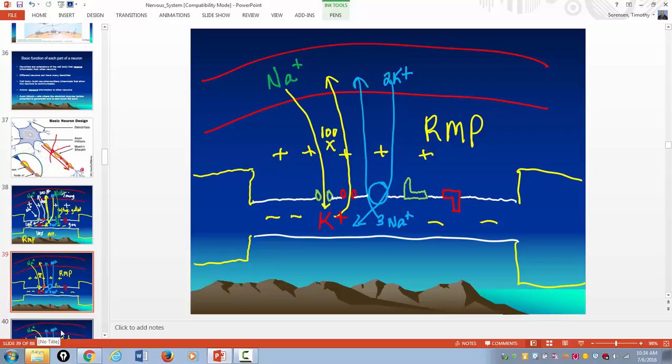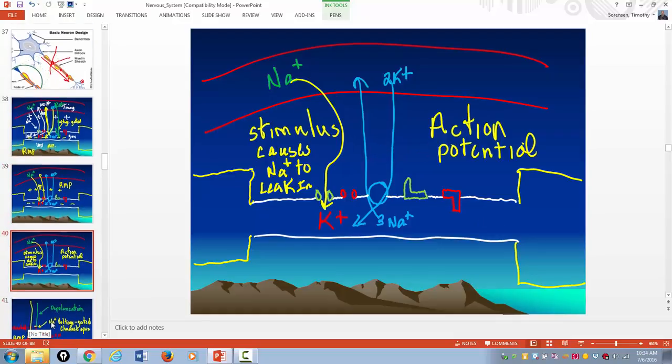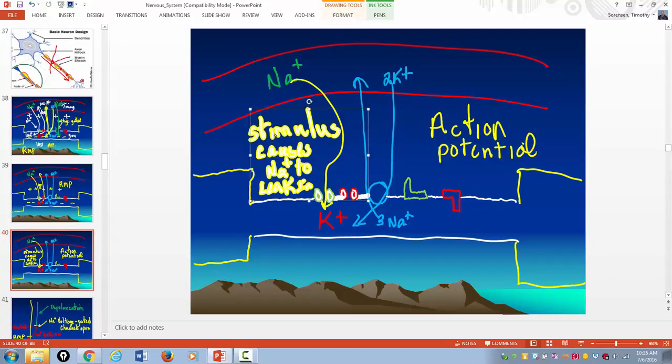Now, in order for this little node to fire, you have to develop a critical voltage inside that node. So if you're a nerve and you want to fire, you have to apply a stimulus to that nerve.